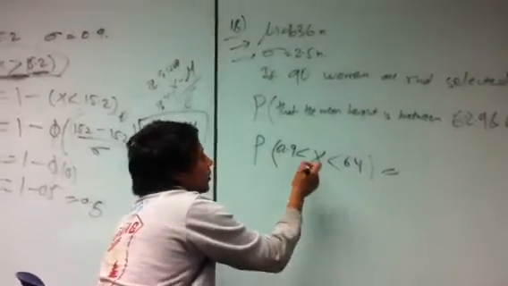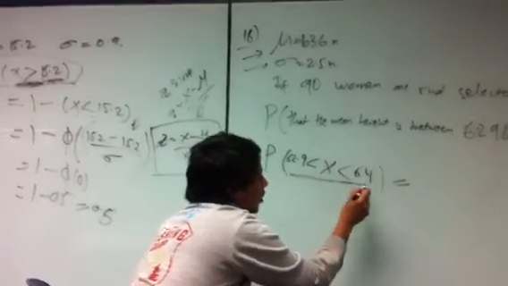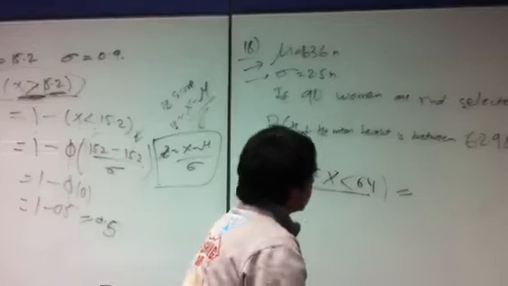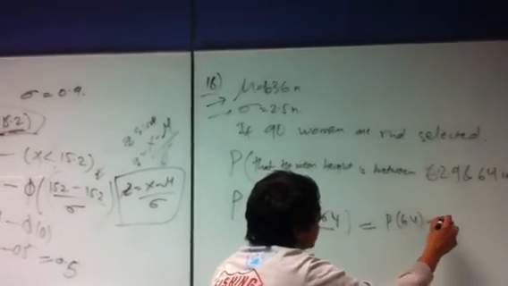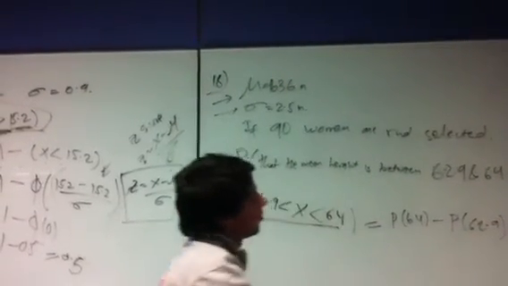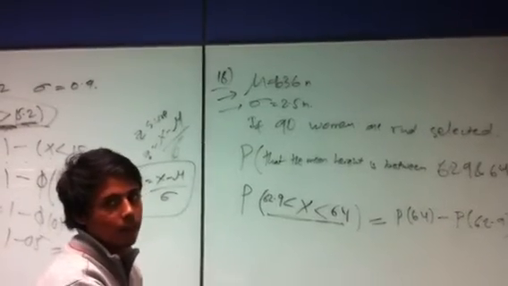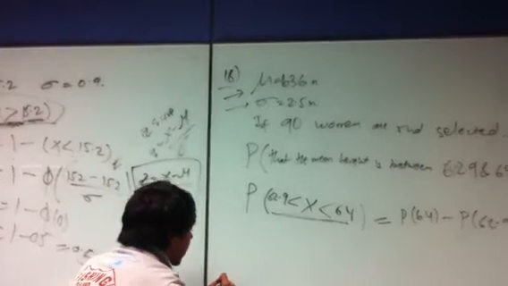It says X is between 62.9 and 64, right? So what do you do in this case? You do the probability of 64 minus the probability of 62.9. This is the higher one.